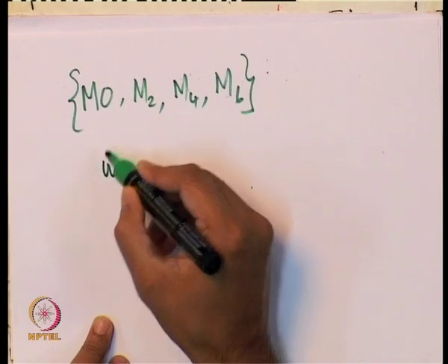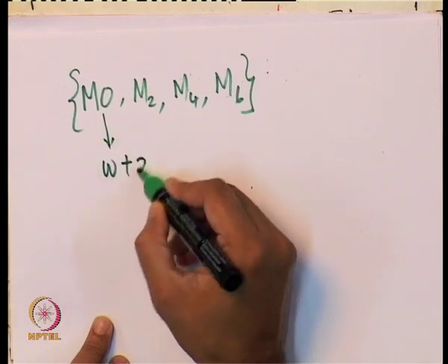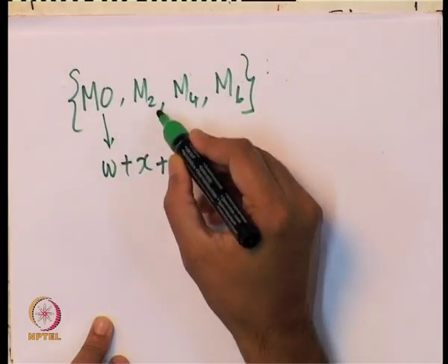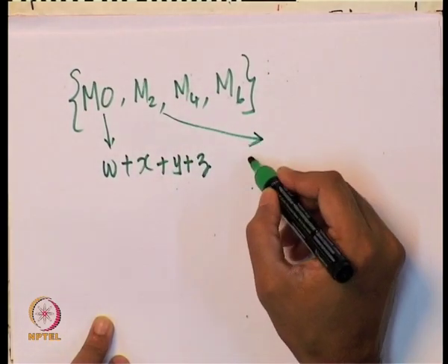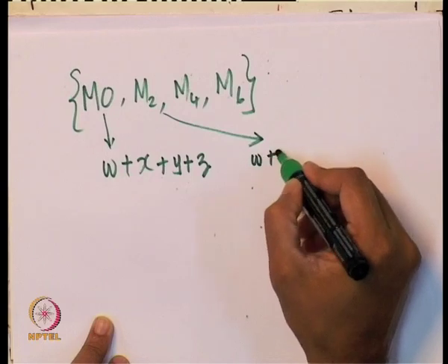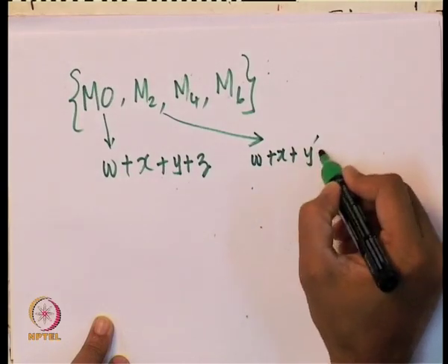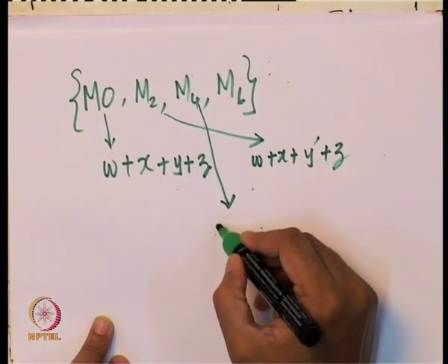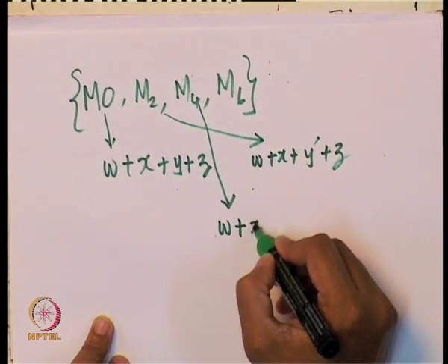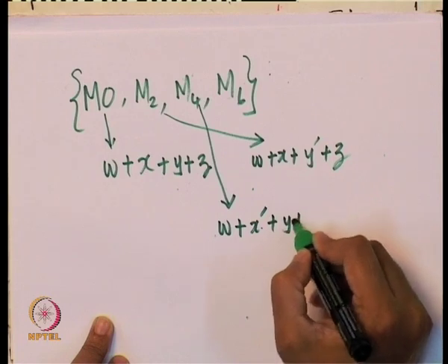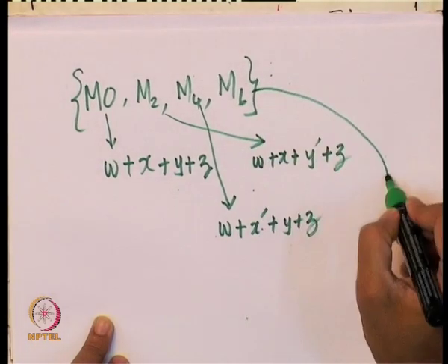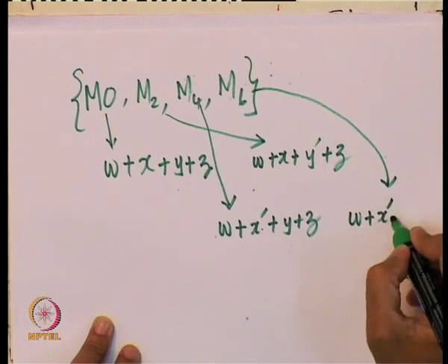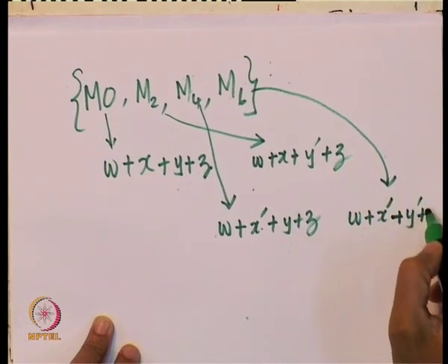So this is w plus x plus y plus z, m2 is w plus x plus y bar plus z, m4 will correspond to w plus x bar plus y plus z, and m6 will correspond to w plus x bar plus y bar plus z.